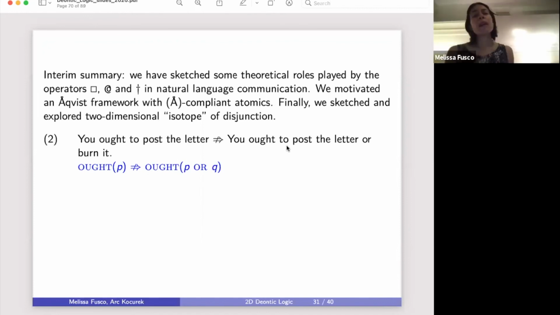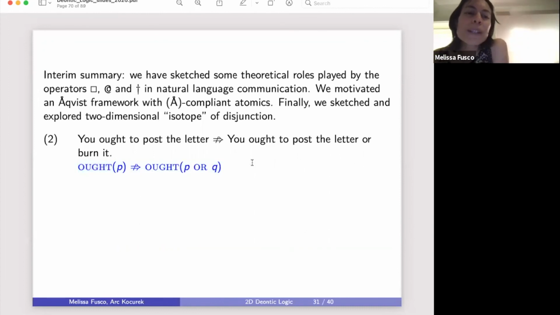We're still not even at the point where we have deontic operators. All I have is the box. But I'm going to treat deontic accessibility as a sub-relation of the S5 box relation. So it's also going to be confined to the horizontal, and it's going to do its usual job.